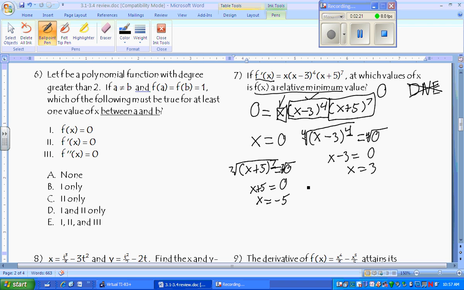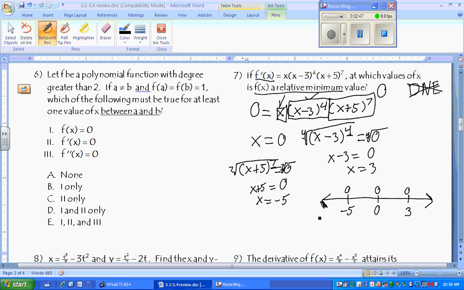Now, to figure out if it's going to be a minimum or a maximum for these points, we're going to have to draw ourselves a number line. Yay, number lines. There we go. We're going to have negative 5, 0, and 3. And all of those are 0.